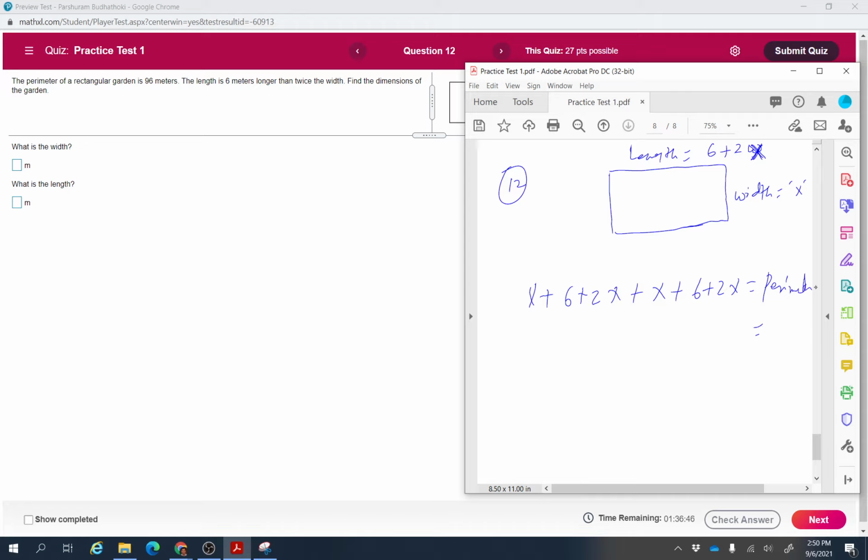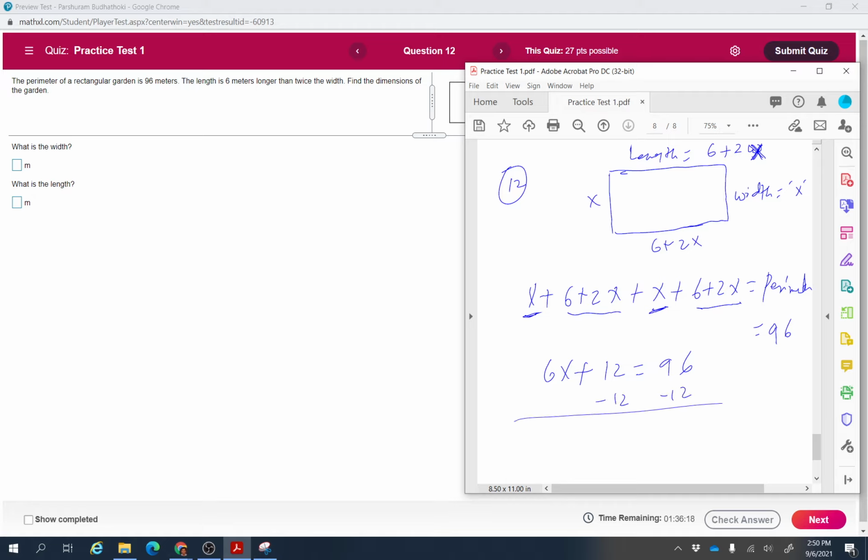But in this problem, perimeter is given, which is 96 meters. x is width. 6 plus 2x is the length of one side. x is again width, and 6 plus 2x is another length. So if you add all these four, x plus 2x plus x plus 2x, which is 6x, plus 6 plus 6 is 12, equals 96. We need to solve for x.